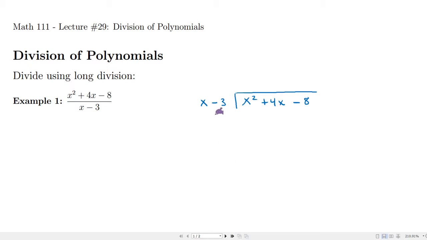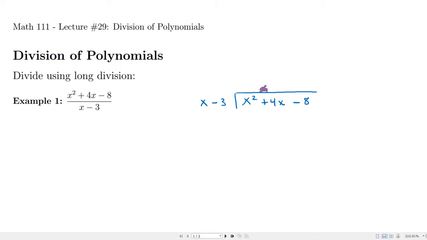Now, the first step is let's just cover this -3 here. And then looking at this leading term here, x, what do we have to multiply x by to get the leading term here? Well, the leading term under the division is an x squared, so we would have to multiply x by x to get an x squared.